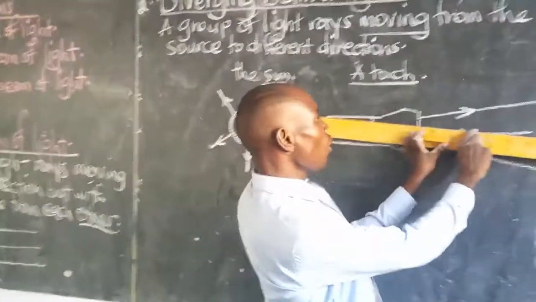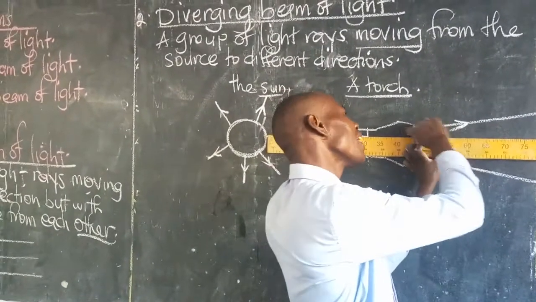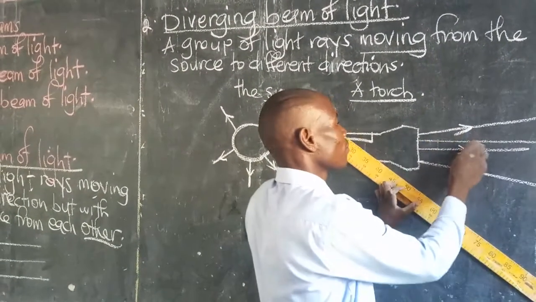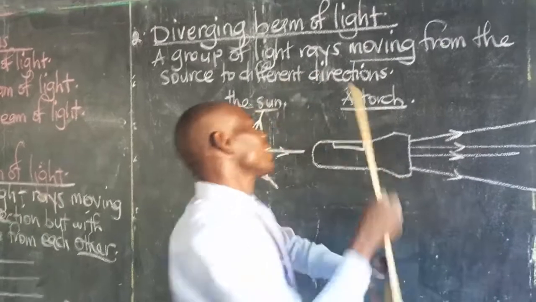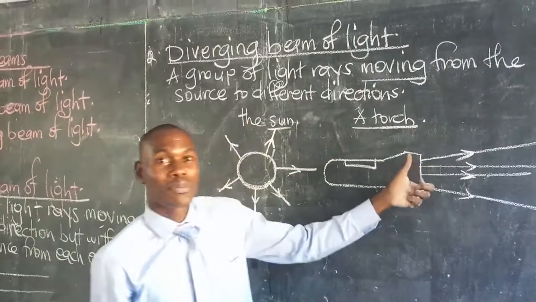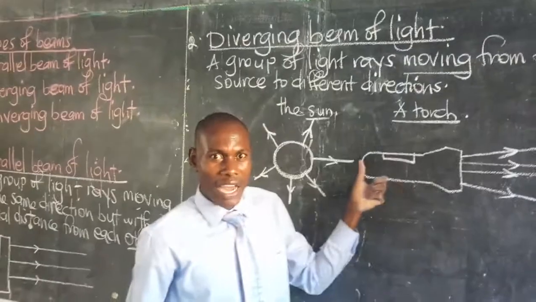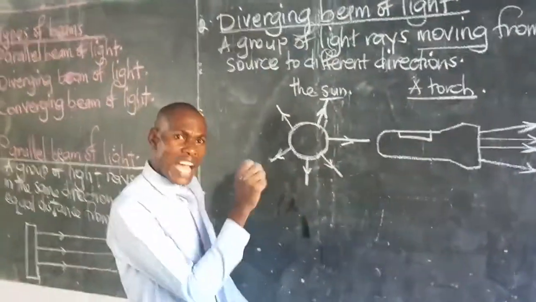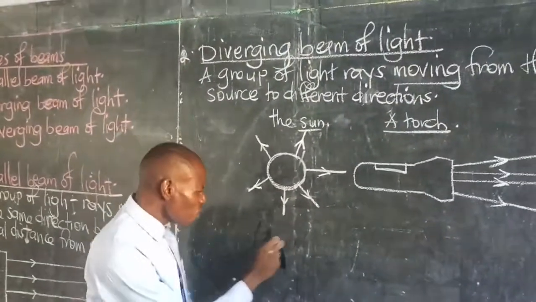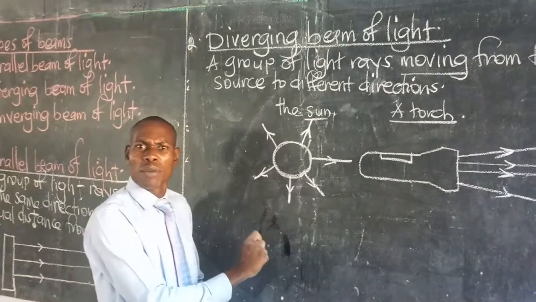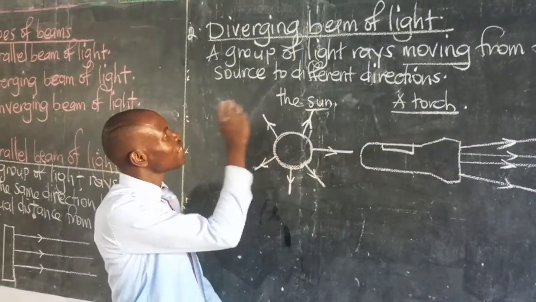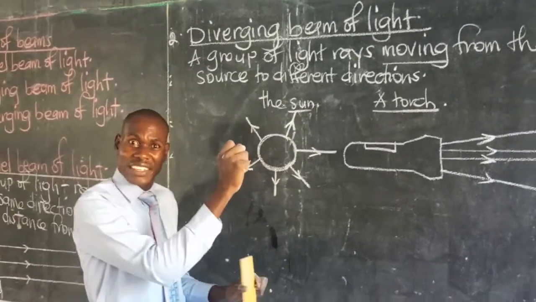We can also include another eye to show that light rays are spreading out of the source. Now, boys and girls, in simple terms, we can draw a simplified diagram to illustrate a diverging beam of light.